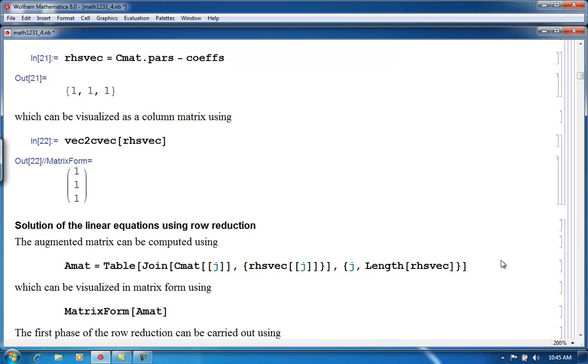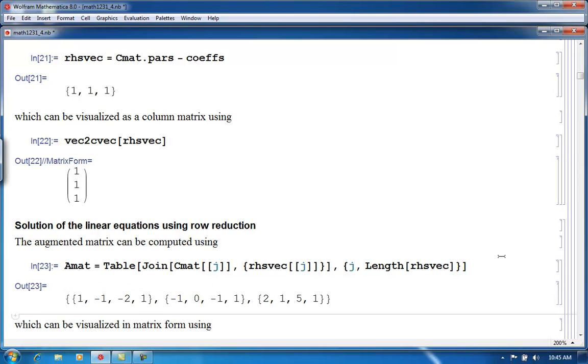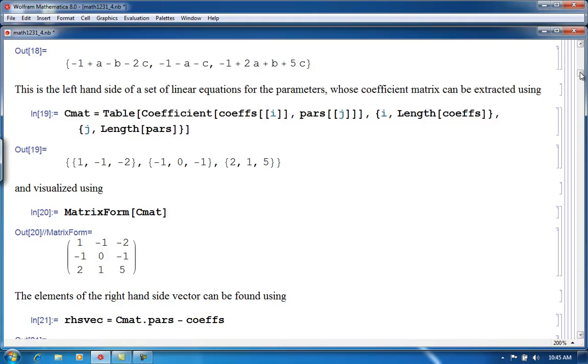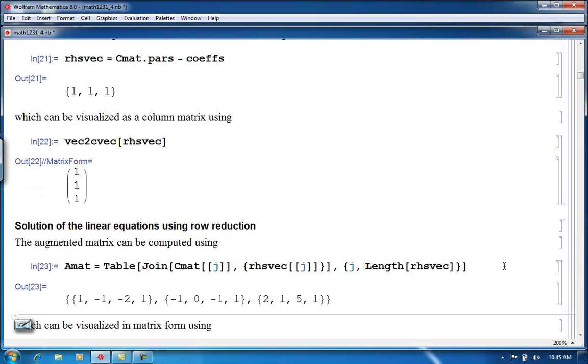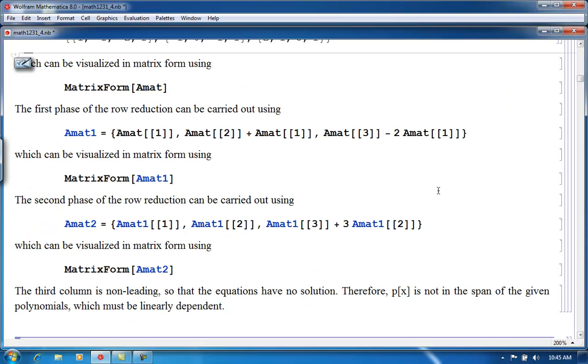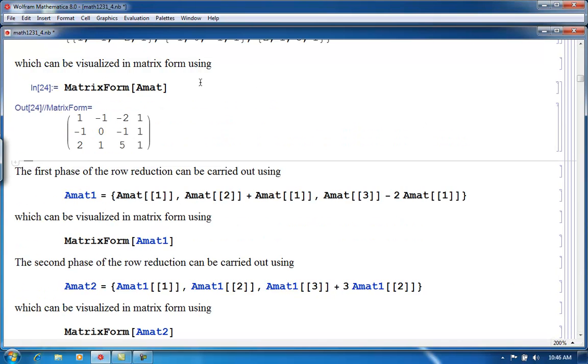That's done by the matrix function join, which joins two vectors. And there it is, and we can visualize it using this.